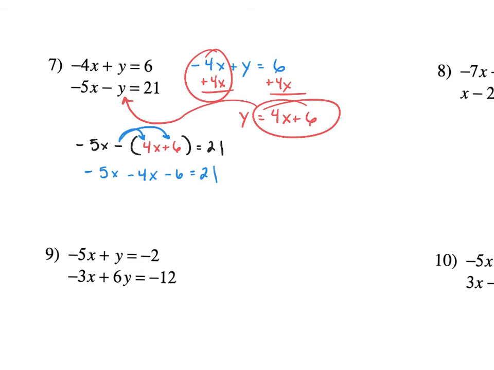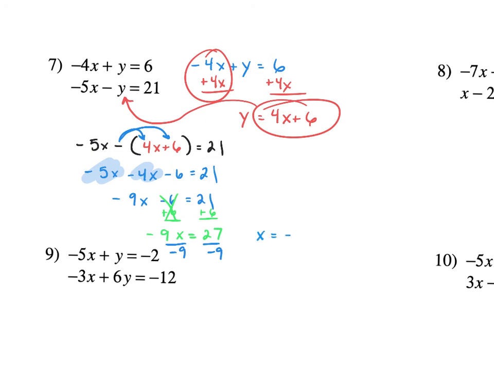We've got some like terms here. X terms. It's a total of negative 9x's. Minus 6 equals 21. Add 6 to both sides, trying to get that x alone. Negative 9x equals 27. Let's divide by negative 9.